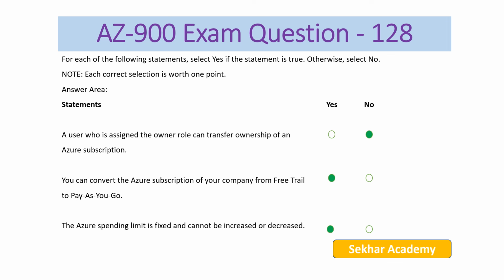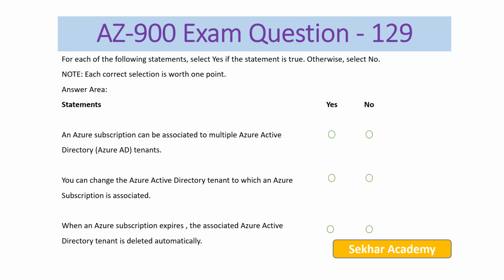The right answer is yes. This is managed by Azure, so you will not have any ability or access to change the spending limit for any resource. So the right answer is yes.